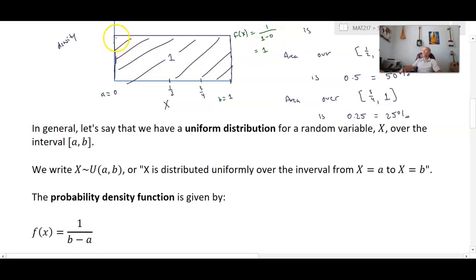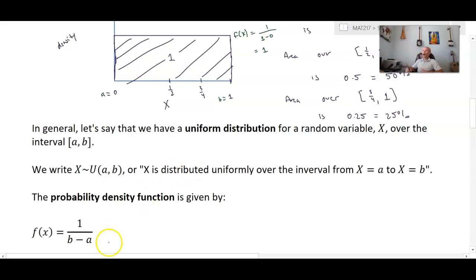So that means that this function, this horizontal line, is the line y equals 1. And that should make sense because if you think about, well, this is actually a square. It's 1 unit wide and 1 unit tall, but we haven't drawn it proportional to size. So 1 times 1, the area of this entire box is 1.